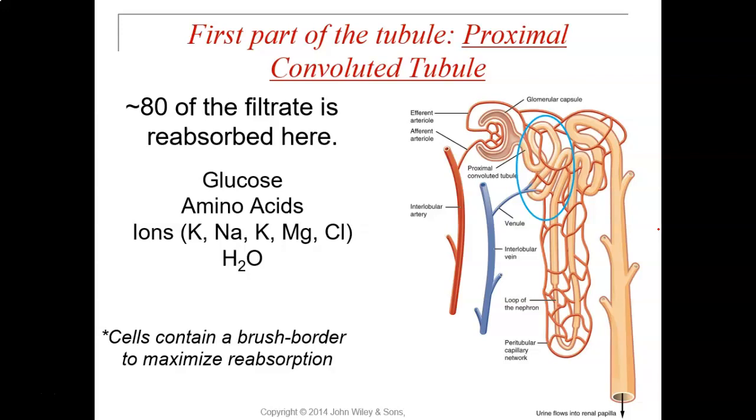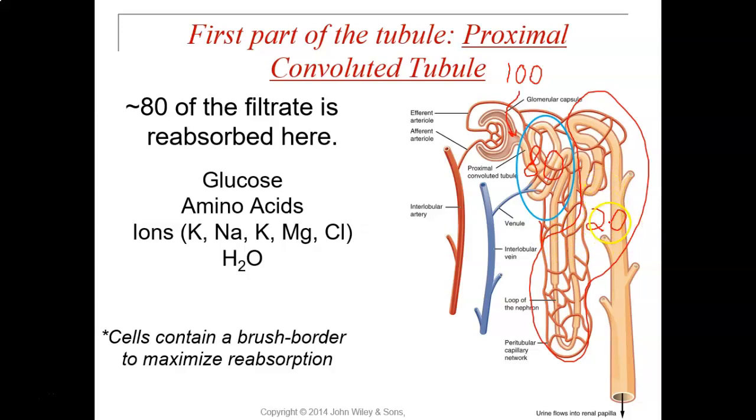Meaning, of all the filtrate that ends up in Bowman's space, which would be 100%, because that's where all the filtrate ends up, 80% of it is reabsorbed here in the proximal convoluted tubule. That means in all the rest of this, there's only 20.